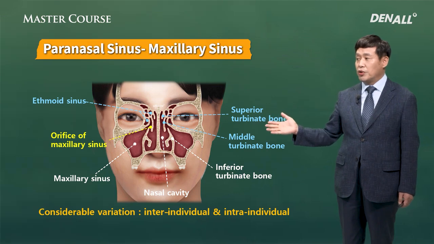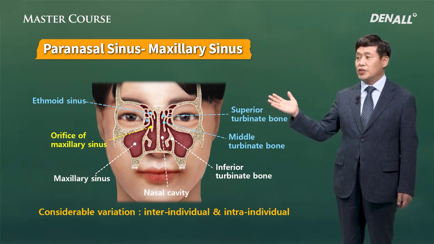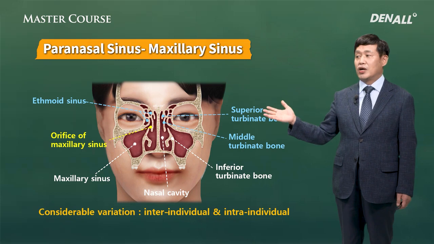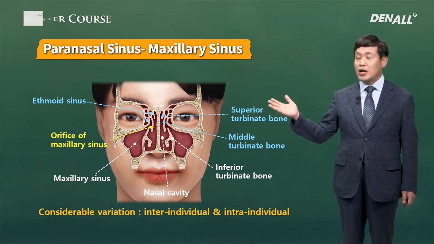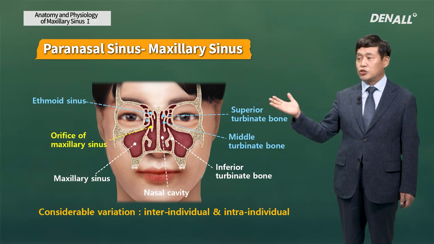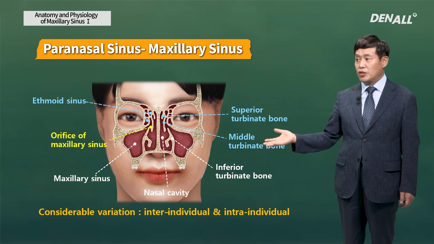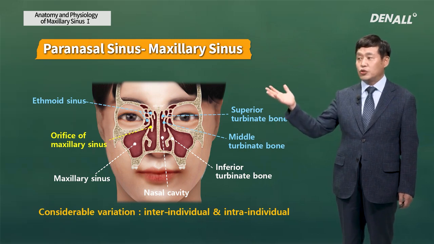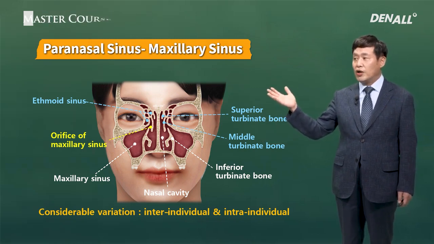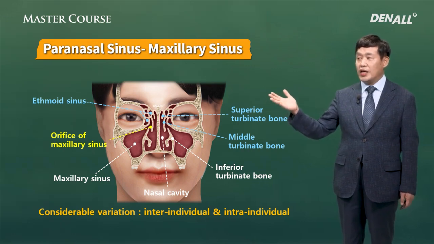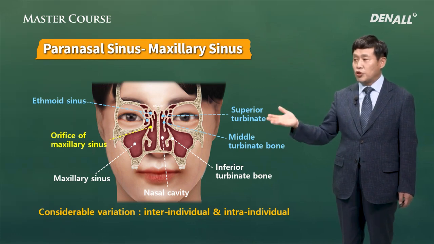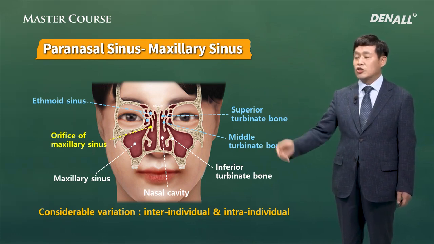However, superior and middle turbinate bones are part of ethmoid bone. In general, maxillary sinus and nasal cavity are connected in the orifice of maxillary sinus, which is between the inferior turbinate bone and ethmoid bone. Because of that, in the nasal cavity, the middle nasal meatus, the middle layer, is connected to the maxillary sinus.